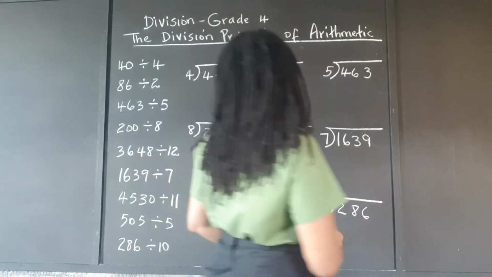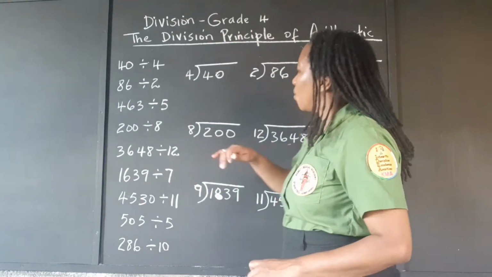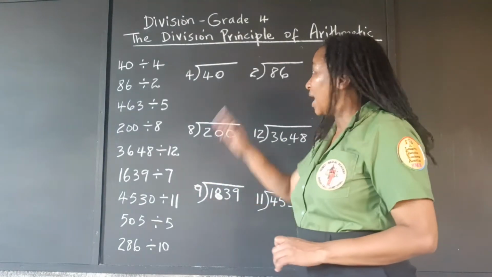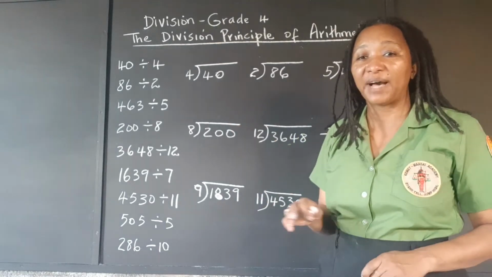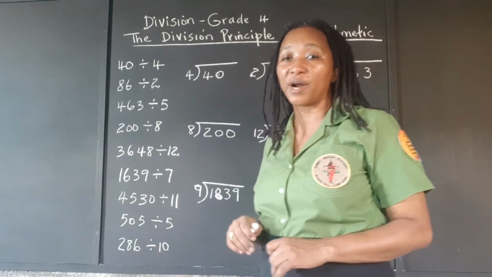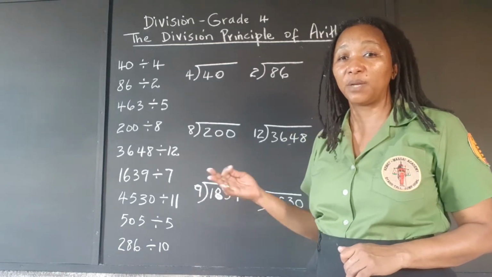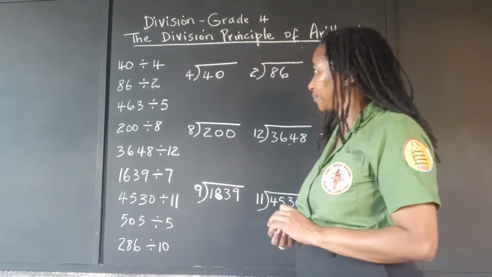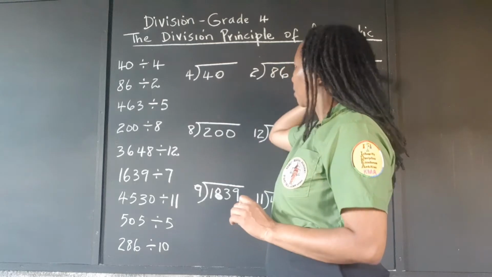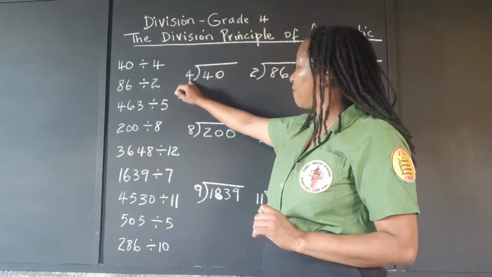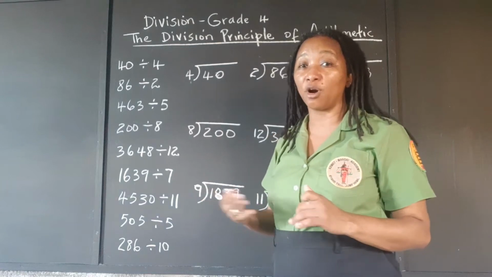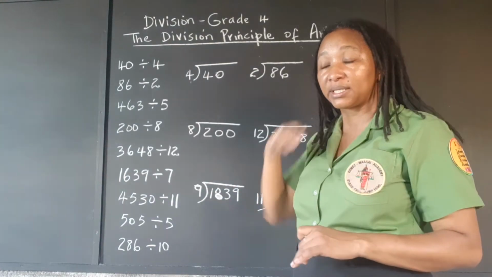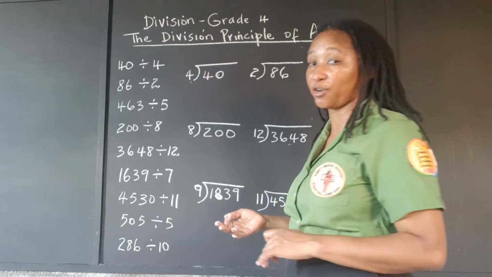Let's go. So, we're saying we have 40 things. We want to divide them into groups of 4, and we want to see how many will be in each group. Okay? So, 4, we actually can break the number up into its single digits to make it easier.